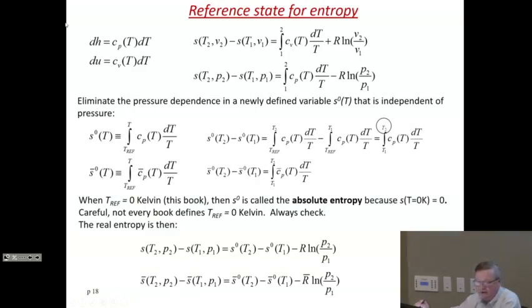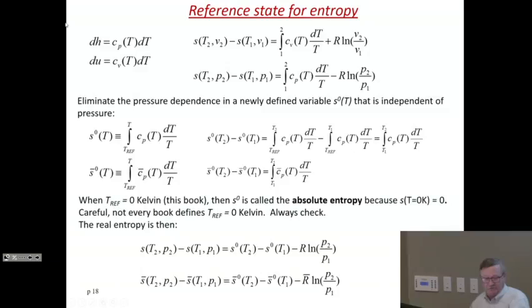So that is convenient. It really doesn't matter where you put your zero, your Tref, it always comes out. And then you have the same here, if it's per S bar, so I wouldn't even have to add that to the equation. But when you look at the real change in entropy, T2, P2, T1, P1, it's the change in entropy with temperature, which are these S naught values, and then you must correct for the changes in pressure. That is a very important term.